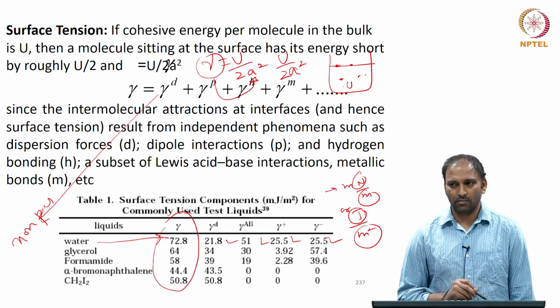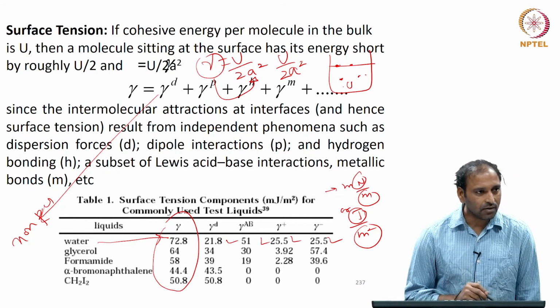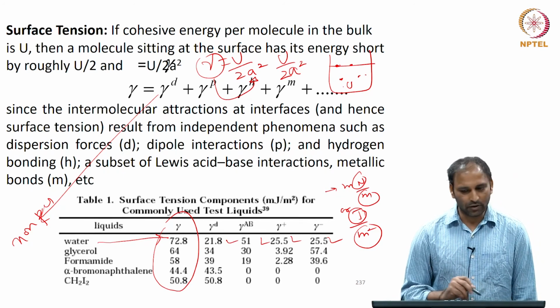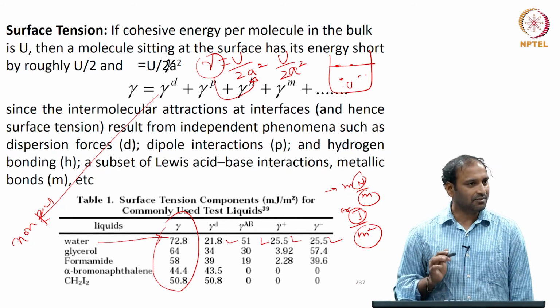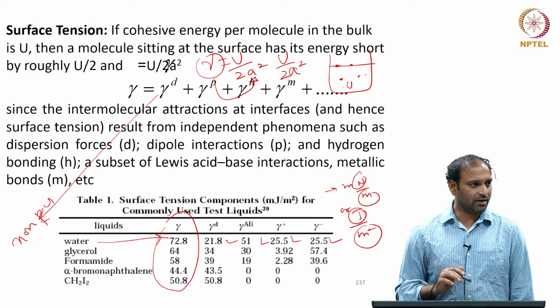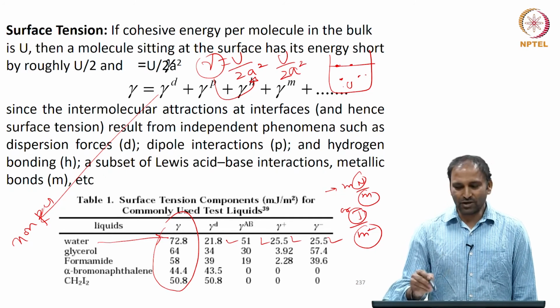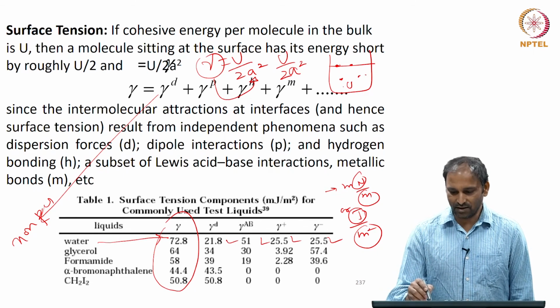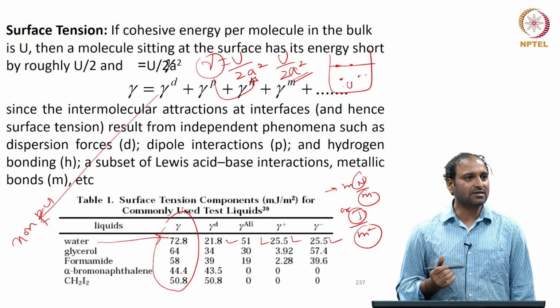It will be proportional to some length square, sometimes written as Am. So it is some length square, some area, and this is the area that the molecule occupies at the surface.